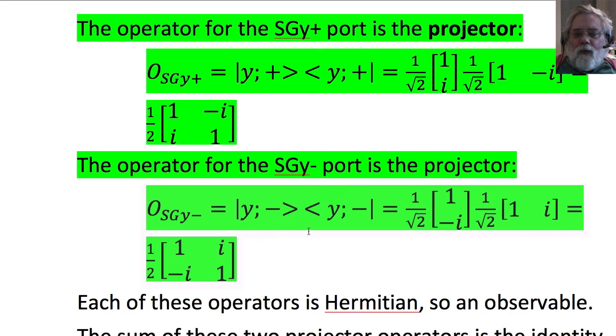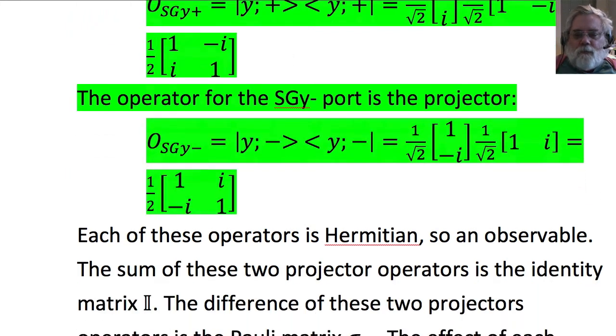We have ket y minus, bra y minus, column vector form, row vector form, multiply them together, we get a 2x2 matrix. It is Hermitian, it is observable. If we add the two projectors together, we get the identity matrix. If we subtract them, we get Pauli matrix sigma y.